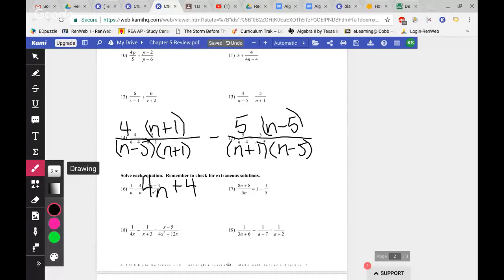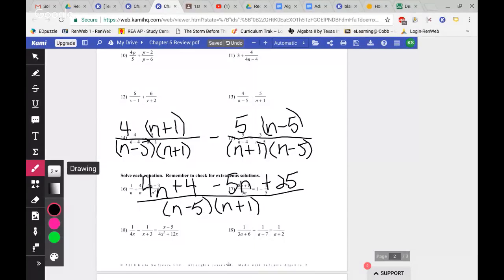And then I'm going to distribute this 5, which technically is a negative 5 times n, which is going to be minus 5n. And a negative 5 times a negative 5 is going to be a positive 25. All over n minus 5, n plus 1.